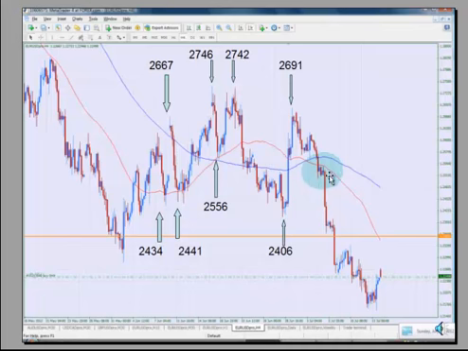Okay, you can see it right in there. What happened was the market came down off this 26.91 high, and it consolidated at that level. And then once it took that out to the low, you can see the market continued going down.